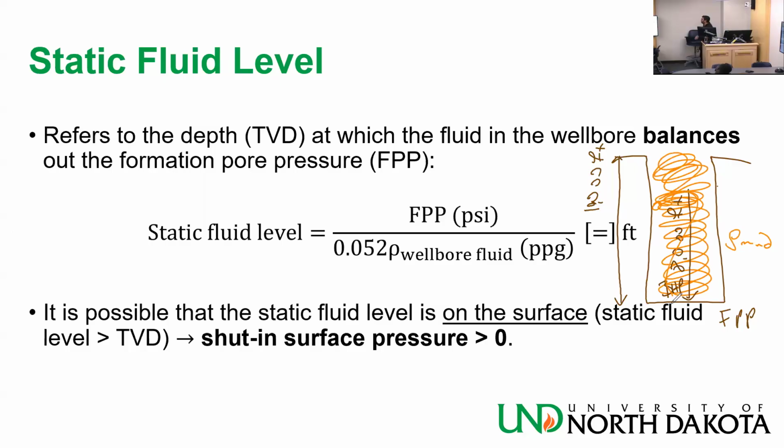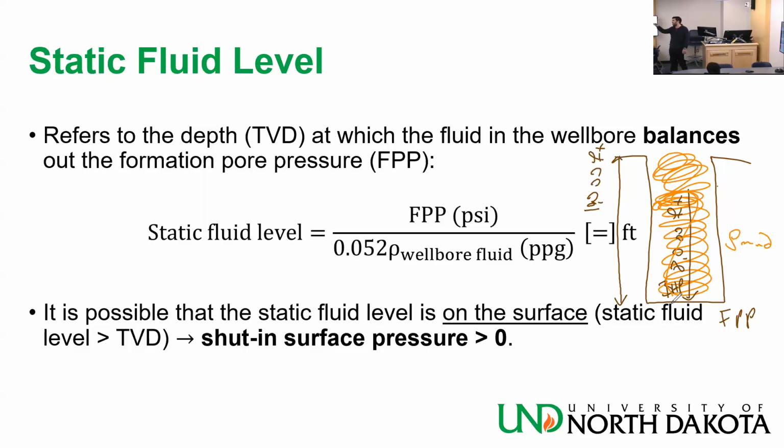The best I can do is 5,000 psi at the bottom hole pressure. If the formation is 6,000 psi, I'm missing 1,000, right? That means if I shut in the well, what would be my surface pressure? Exactly 1,000. So where is the static fluid level in that case? It should be 12,000 feet. Above. Okay, above the surface.